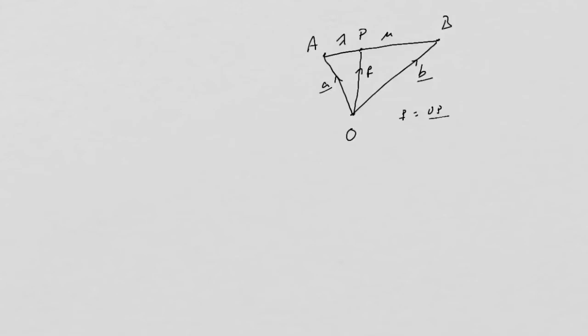So, in order to get from O to P, we can think of it as first going from O to A, and then A to P.